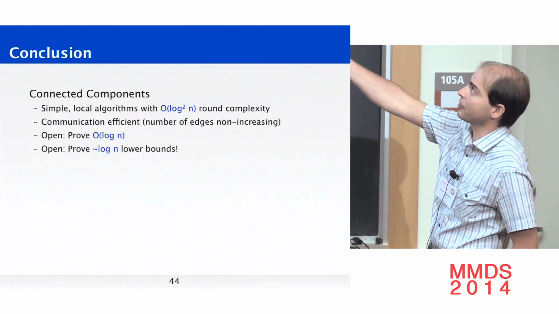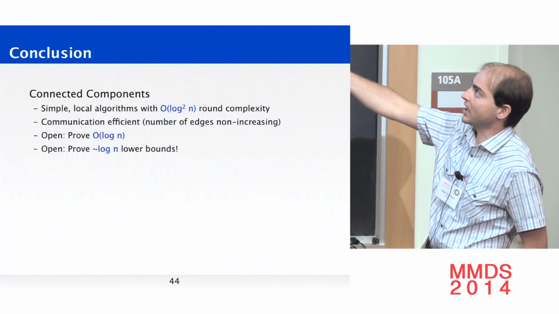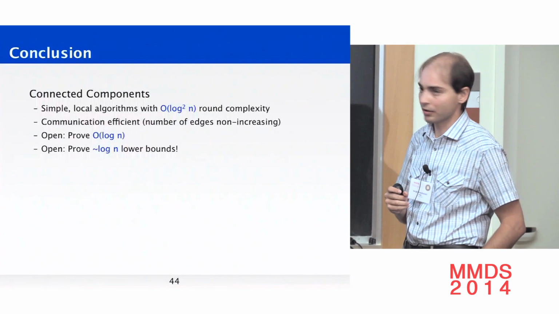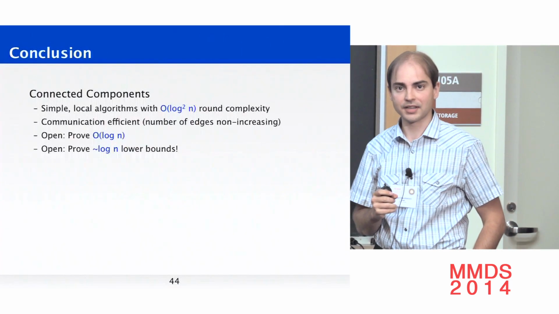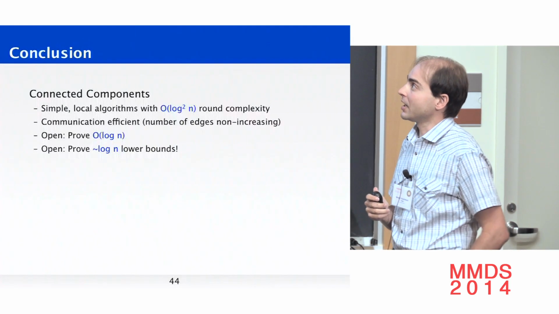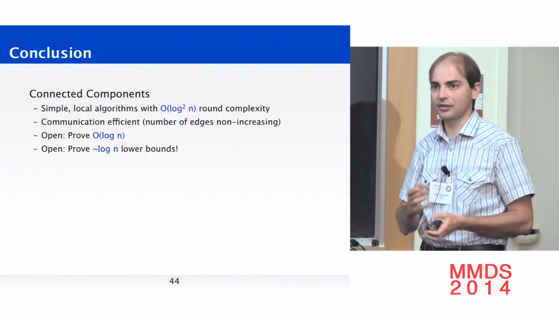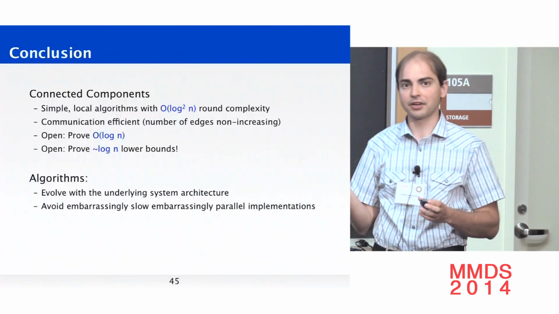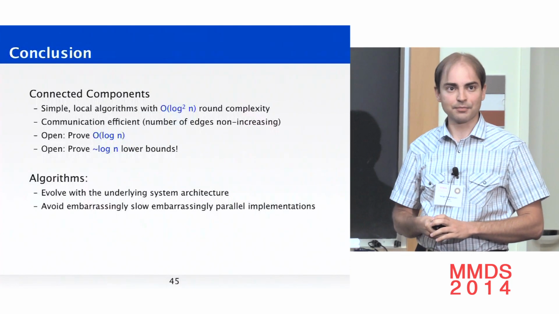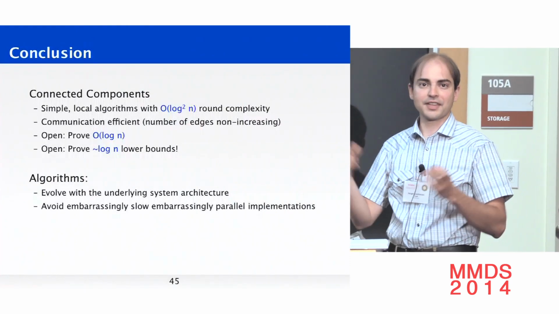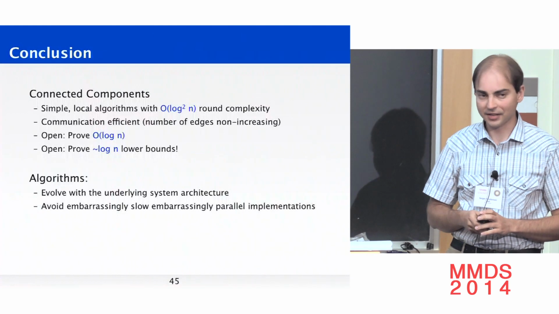So we proved the log squared n. We can't prove a log n for the alternating case, although I think all of the co-authors agree that that's the right answer. And really the higher level takeaway is that I hear a lot about embarrassingly parallel algorithms, and maybe there's nothing to do because they decompose very nicely and we can solve them.